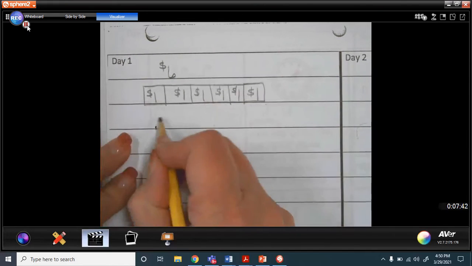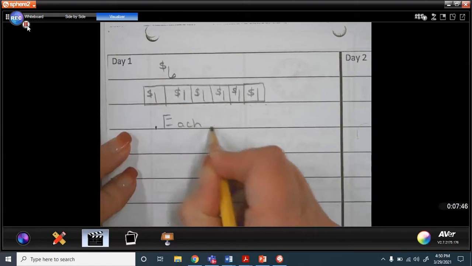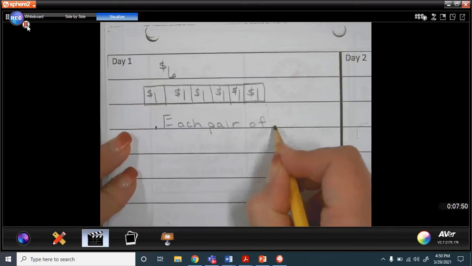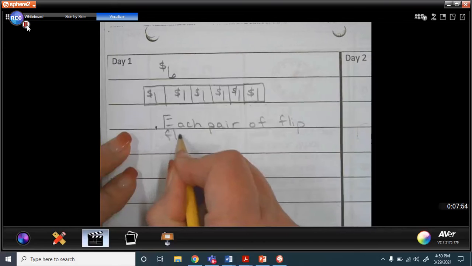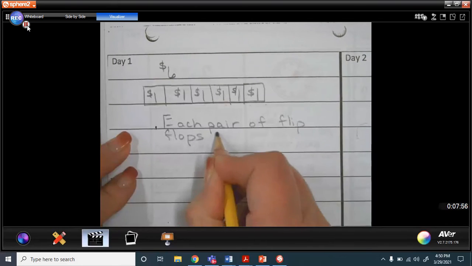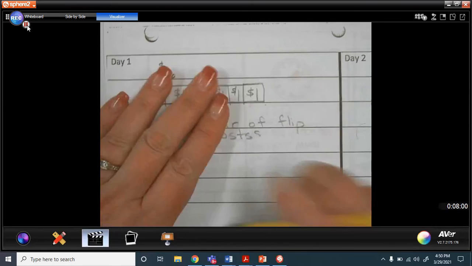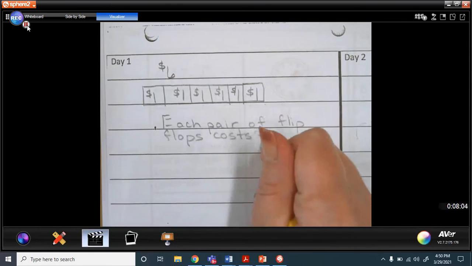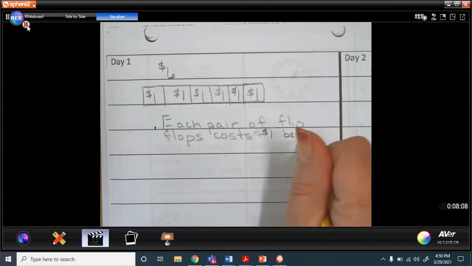So each pair of flip-flops costs $1 because, or since, right?